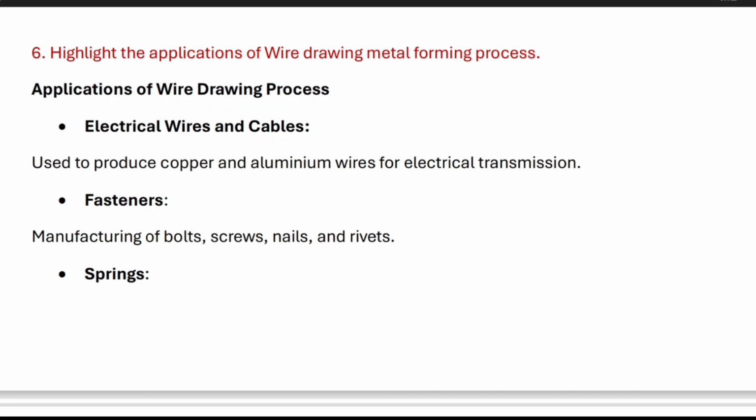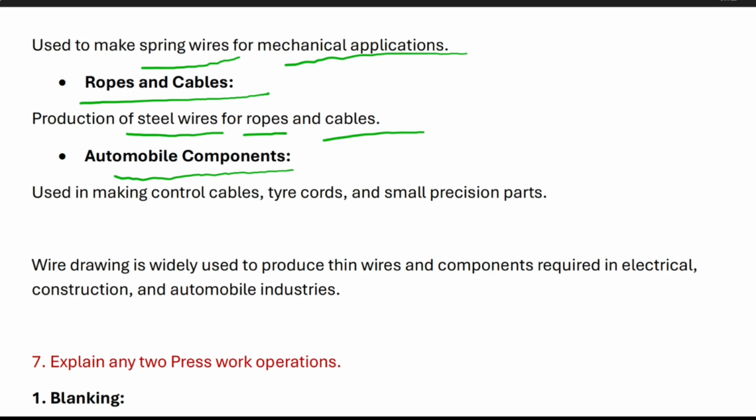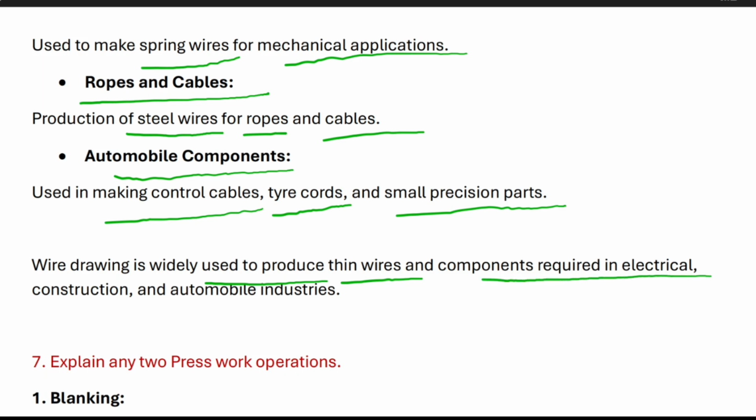Springs: used to make spring wires for mechanical applications. Ropes and cables: to produce steel wires for ropes and cables. Automobile components: used to make control cables, tire cords and small precision parts. So wire drawing is widely used for producing thin wires and components required for electrical construction and automobile industries.